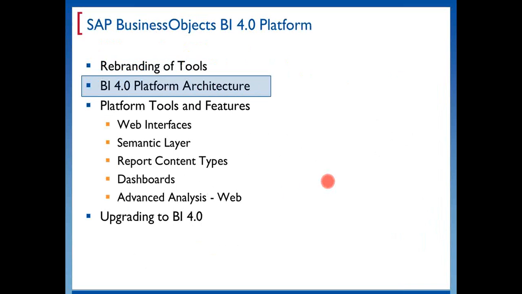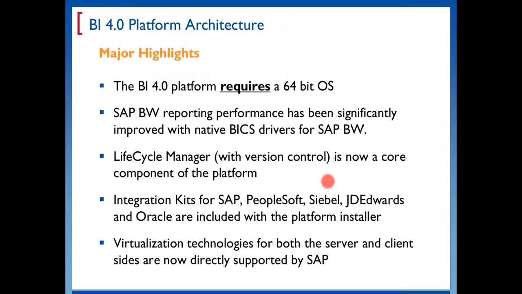Alright friends, some of the major highlights are important information you need to know in terms of the product differences. This is essential so that we can differentiate why we need to upgrade to XI 4.0 as opposed to older versions. A major highlight of the XI 4.0 platform is that it requires a 64-bit operating system and corresponding hardware.